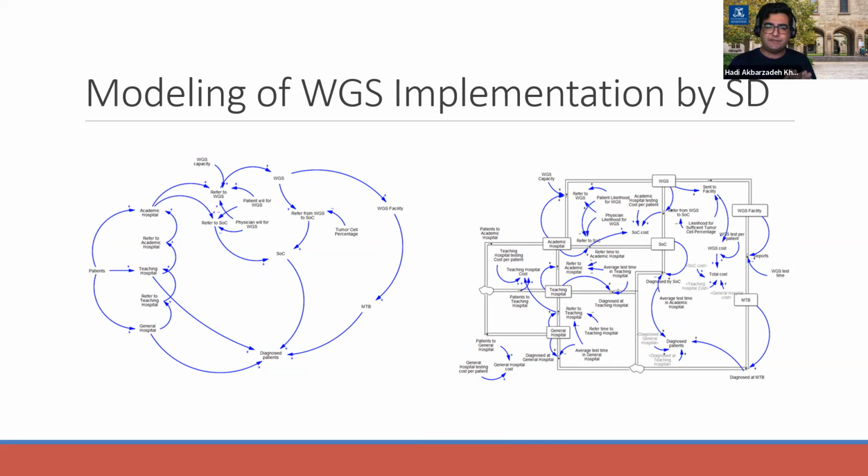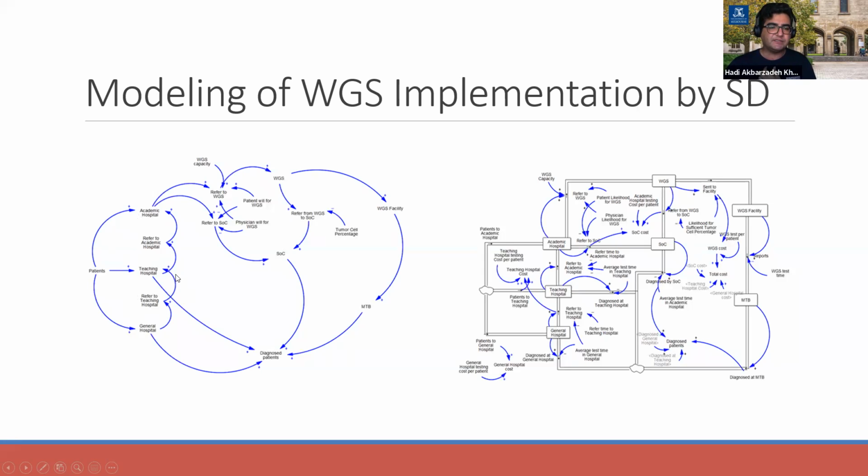To address this problem using system dynamics, we first created the causal loop diagram. We have the general hospital, teaching hospital, and academic hospital. These referrals are also elements in our system because they cause delay in the diagnosis. Patients come to each of these randomly based on proximity to each hospital.